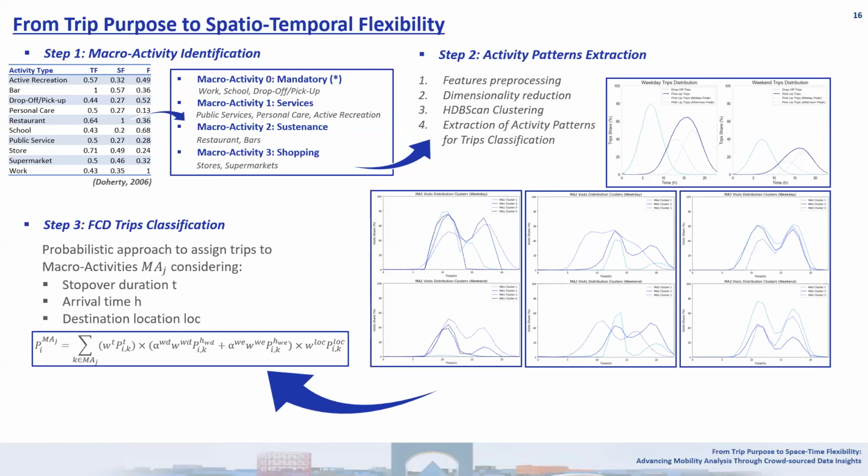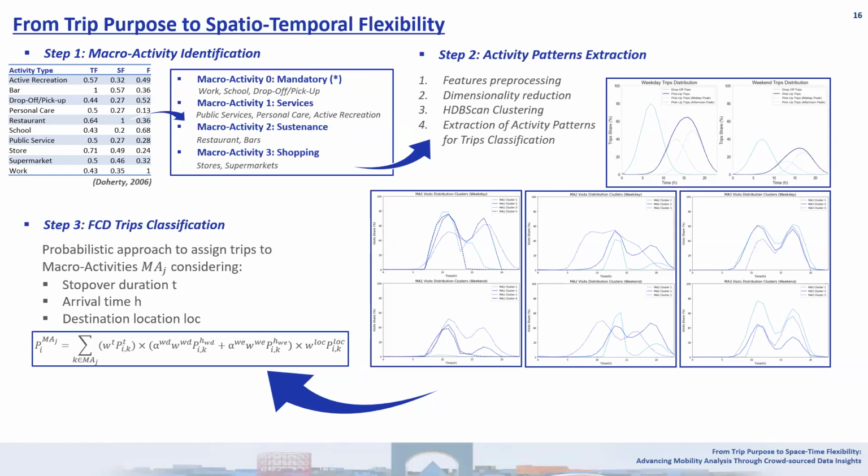There are the probability to arrive in an activity in a specific time interval, the probability that the point I would like to visit is related to that specific macro activity, and the probability that my stop has a specific duration in time. In this way, I can assign each floating car trip to a specific macro activity.